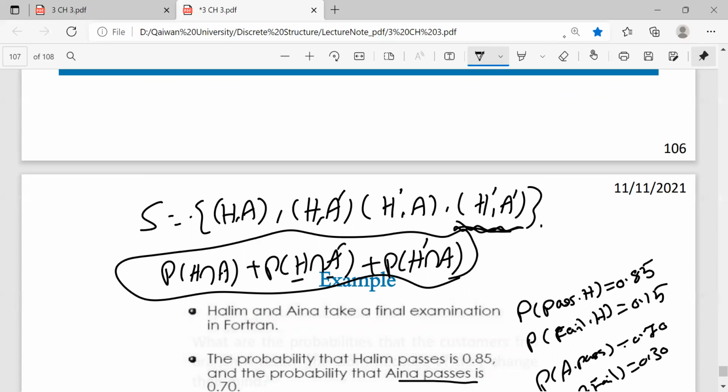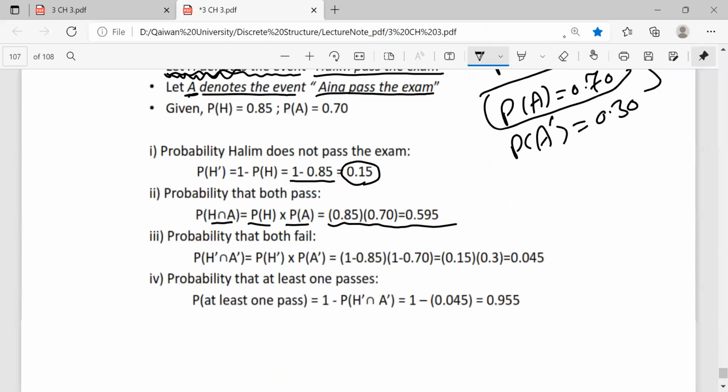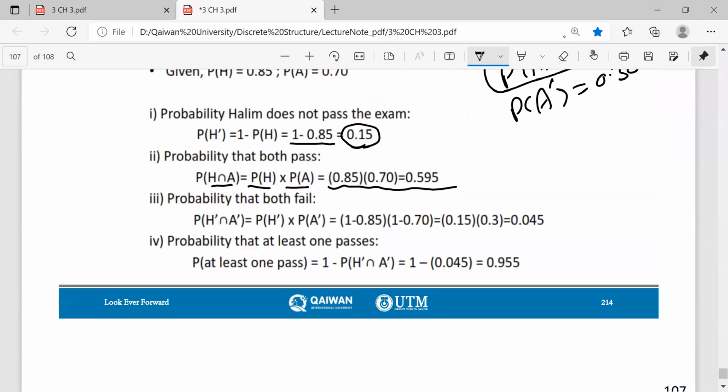Probability of H intersection A complement is 0.85 multiplying by 0.30, because probability of A is 0.70, so probability of A complement is 0.30. Probability of H complement intersection A is 0.15 times 0.70. And you get the same result as it's written down here.